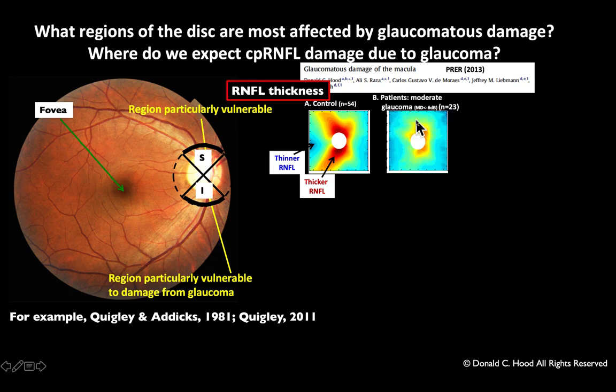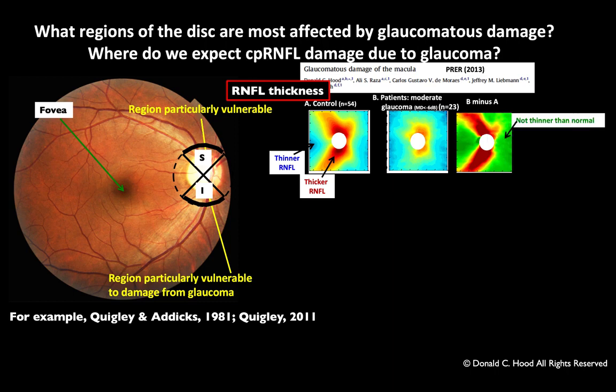All right, so here's the average now for 23 eyes with moderate glaucoma, meaning that their mean deviation on the 24-2 is somewhere between -6 and -10 or something. So if we take the difference between this, we get this. Now, I apologize for this, although it's not my fault. Red means different things here.